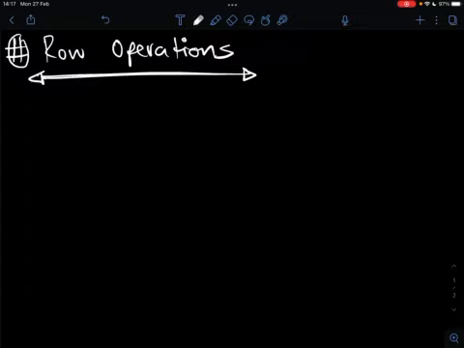Just as the name specifies, these are operations that one can perform with the rows of a matrix. And it turns out there are only three row operations that we have, or we can say there are three flavors of row operations when it comes to matrices.